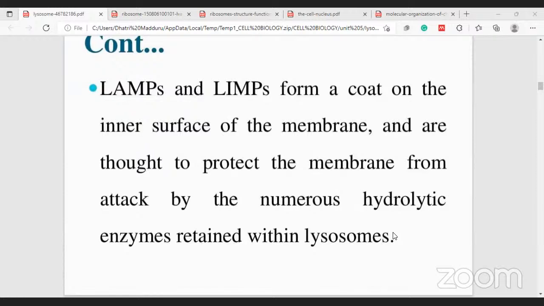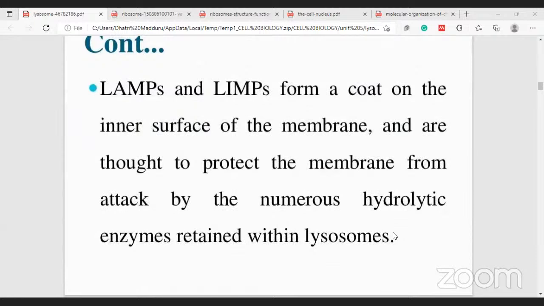This protects the membrane from attack by numerous hydrolytic enzymes which are retained within lysosomes. Lysosomes themselves contain digestive enzymes which are hydrolytic in nature, meaning they cleave proteins or carbohydrates.